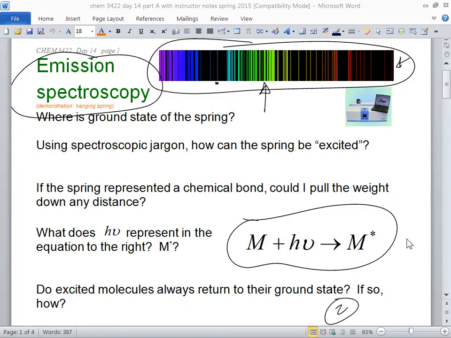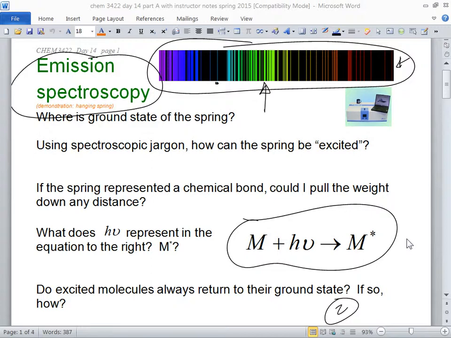But if you want emission spectroscopy, that excited molecule has to do what? Melissa, what does it have to do? Go back to its ground state. But to get there, it does what? It releases a photon. Now, if it transforms it into heat, you're not going to see it. So that won't be emission spectroscopy. That's a bad thing. You don't want that to happen, right?